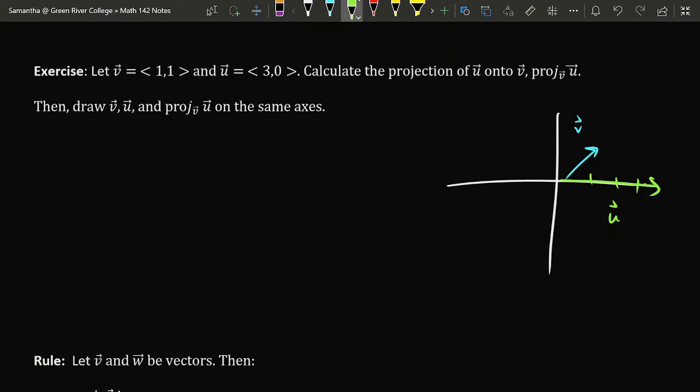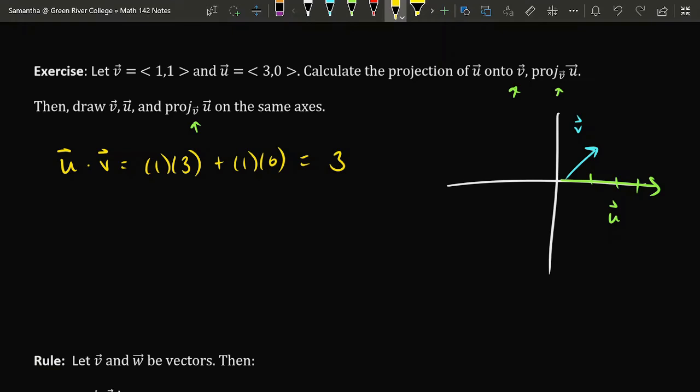Now for this projection, u onto the vector v, where v is the subscript, I'm still going to calculate the dot product of u and v together. And the result of this is 1 times 3 plus 1 times 0. So the result is still equal to 3.